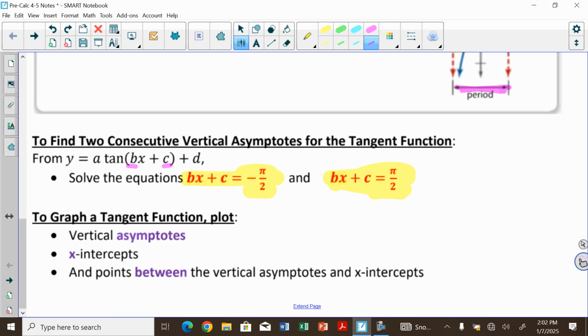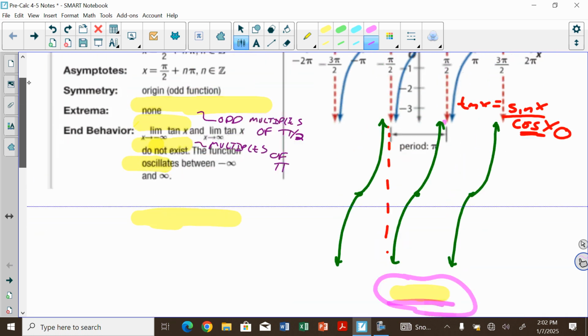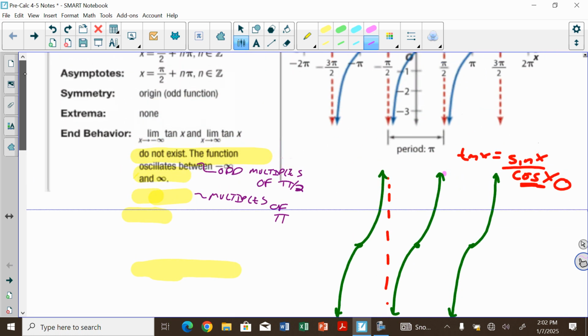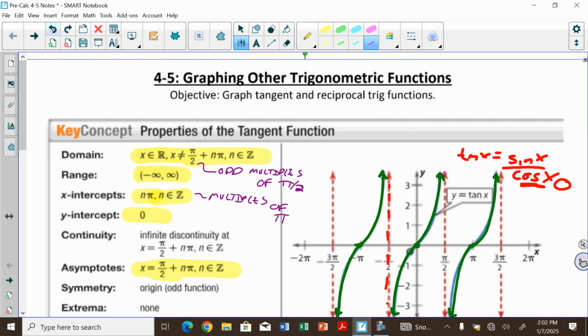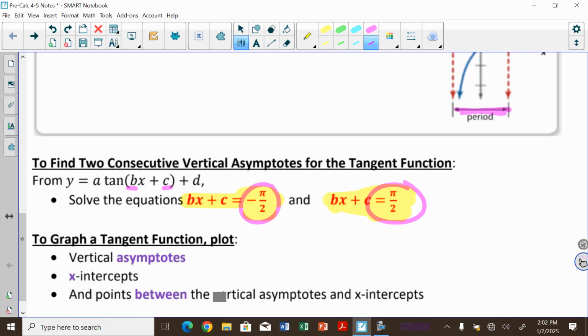Now, where do we get these values from? Well, that just goes from up here where we talked about how we have these odd multiples of pi over 2 that give us our asymptotes. That's how we got those, okay?